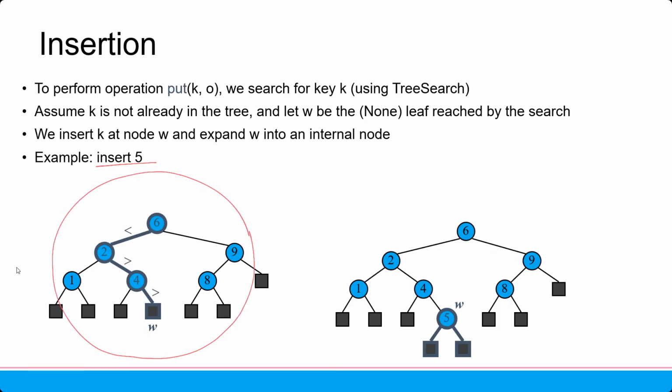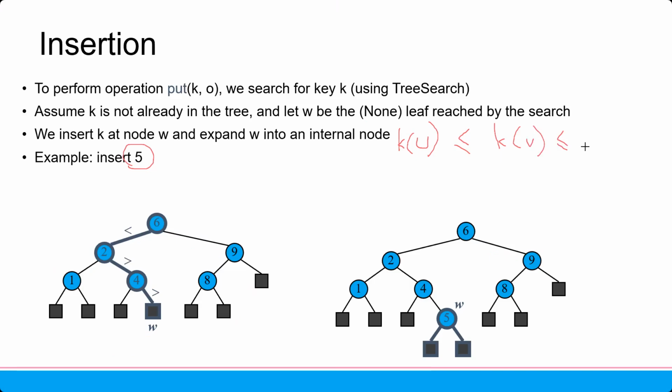How to insert 5? We need to know the properties of a binary search tree. The property is that the key of u should be less than or equal to the key of v, which should be less than or equal to the key of w.